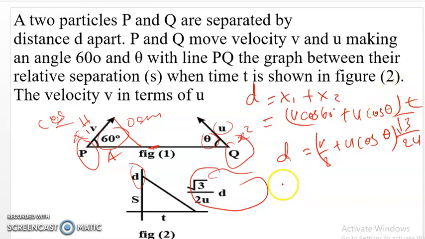So this will imply that 2u, let's bring this side, we will simply have 2u divided by root 3. If we bring this to this side, we just switch, and this will be equal to v divided by 2 plus u cos theta plus u cos theta.